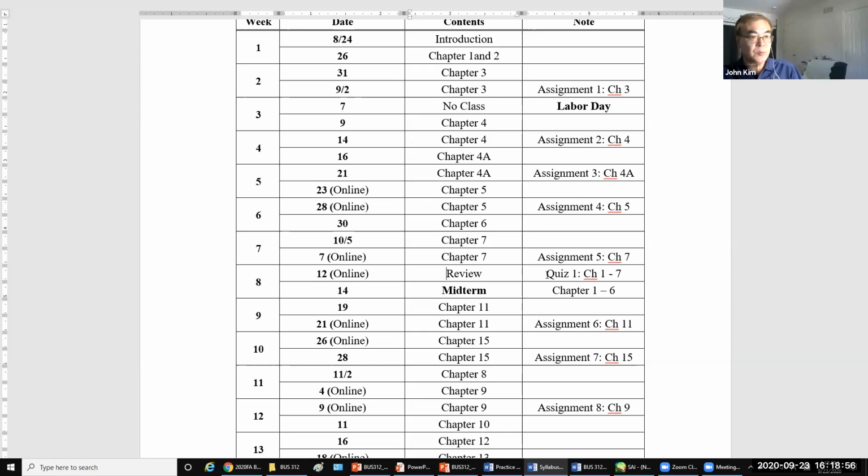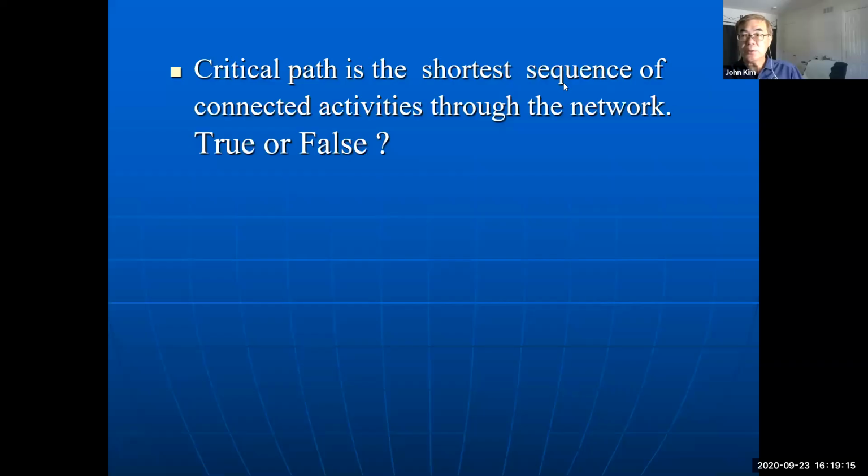So this quiz covers only the concept part, terminology and concepts. A true or false question looks like this: critical path is the shortest sequence of connected activities through the network. The answer is false, because the critical path is the longest, not the shortest.